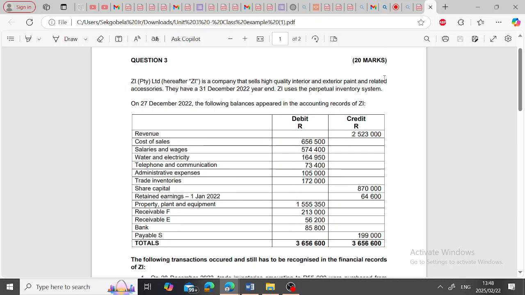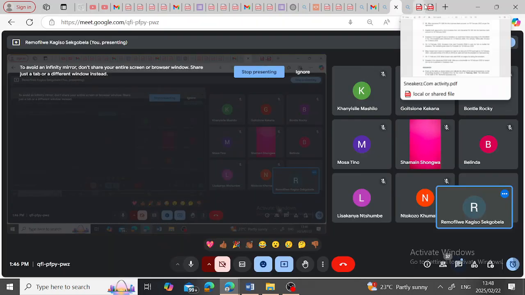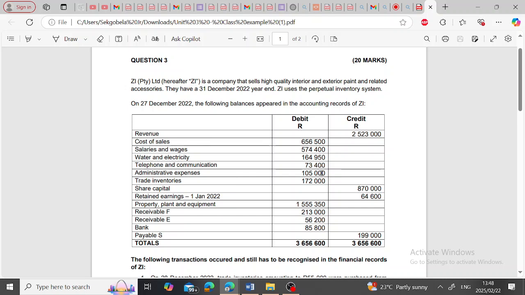For those that are going to watch it on YouTube but can't see what I'm talking about, it's unit 3, class example 1. But those that are online with us, what pattern are you seeing from the trial balance, based on the knowledge you have about elements? There's a pattern here that you should see, and if you're not seeing it, you haven't been learning. So I'm not sure whose hand was up first. Whose hand was up first?